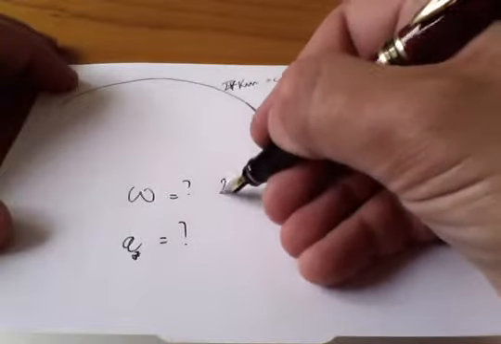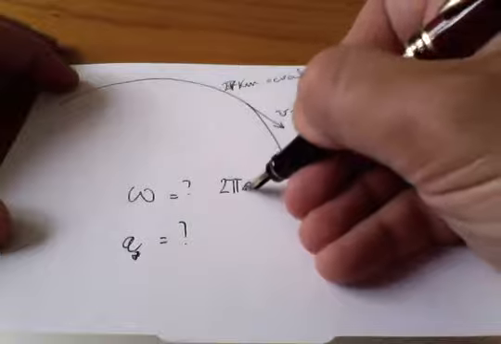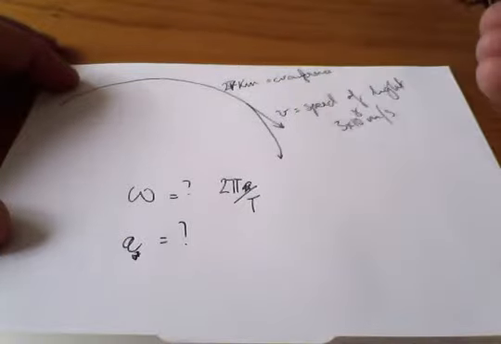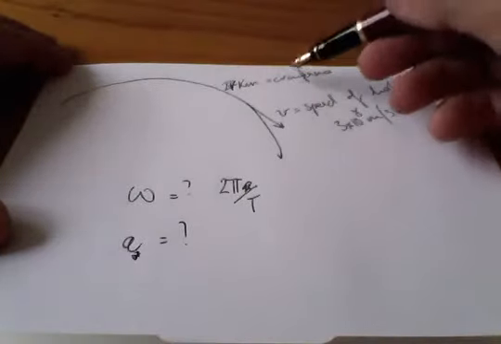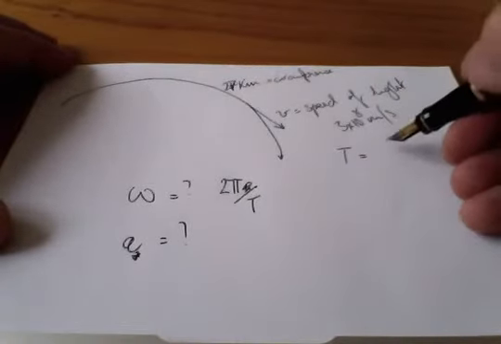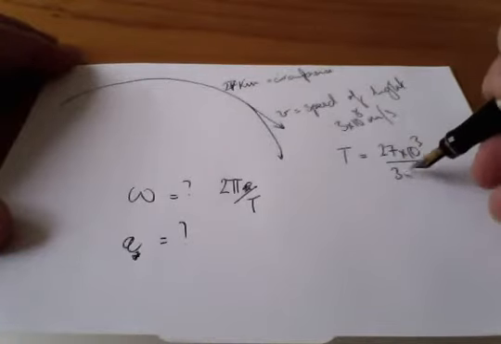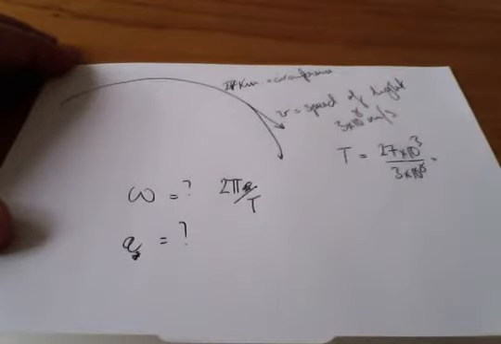Okay, now, angular velocity is 2 pi divided by T. But what we don't know yet is the time period. So we can either work out the time period first, saying we've got 27 kilometres divided by the speed of light, giving us 9 times 10 to the minus 5 of a second.